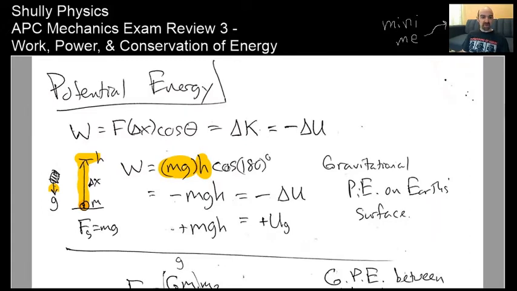So if you think about that, this cosine of 180 gives us a negative out front of the mgh. So the work done is a negative change of potential. The initial height is 0, the final height is whatever it is above the ground. So that's kind of a positive change. However, we get a negative work done. So the work translates into a negative change in potential energy.